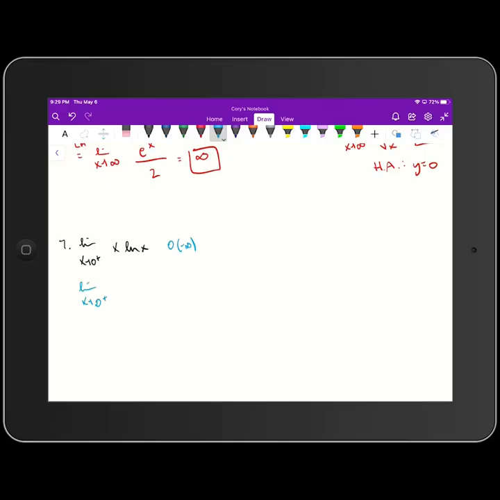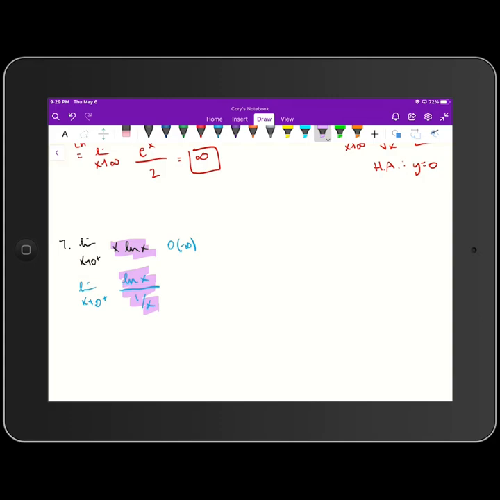I'm going to rewrite this function as the natural log of x divided by 1 over x, because this expression here and this expression here are equivalent. They're exactly the same. I just have it written in a slightly different format.